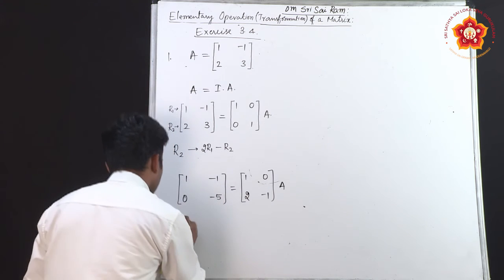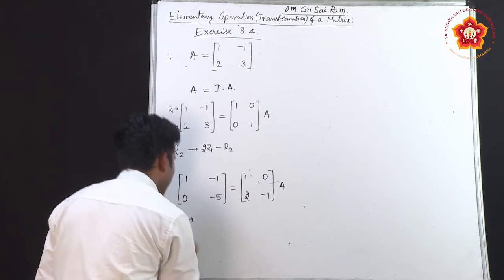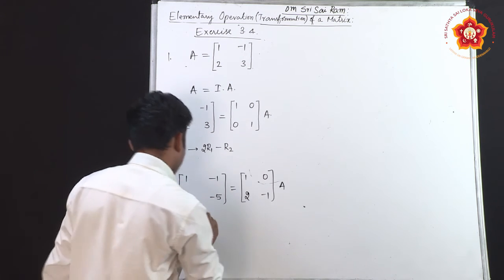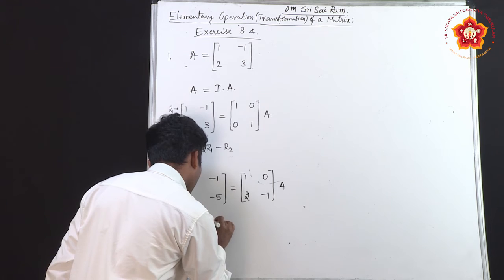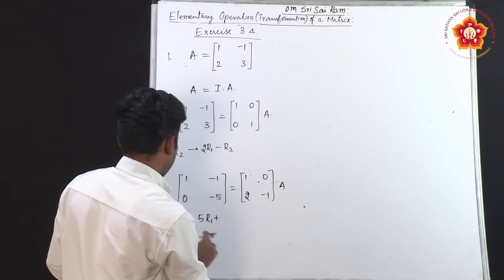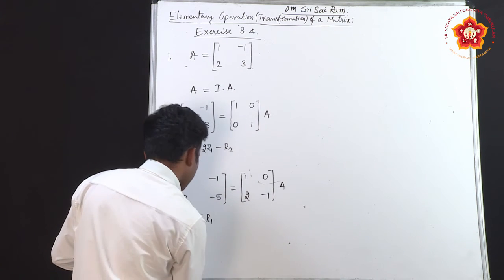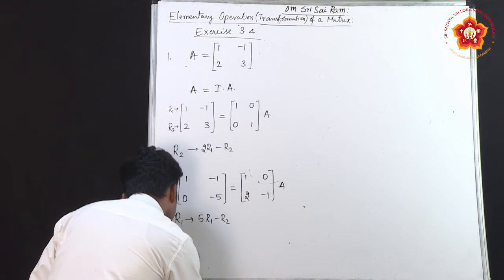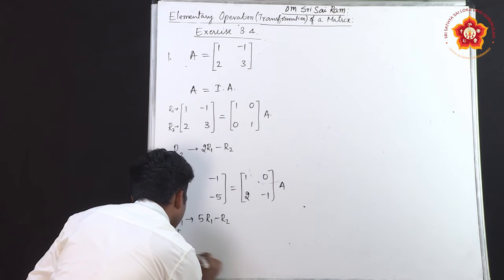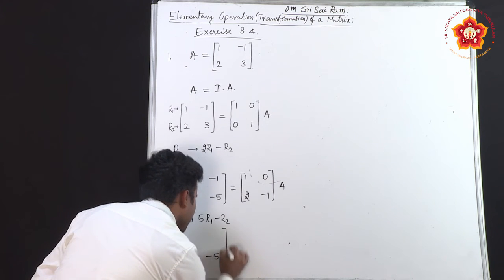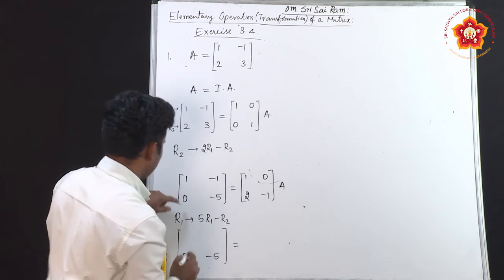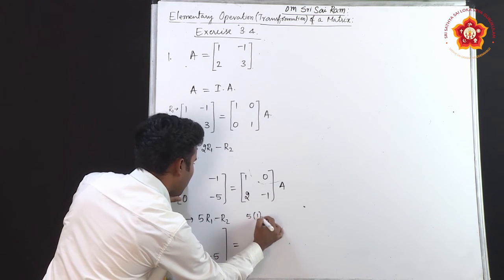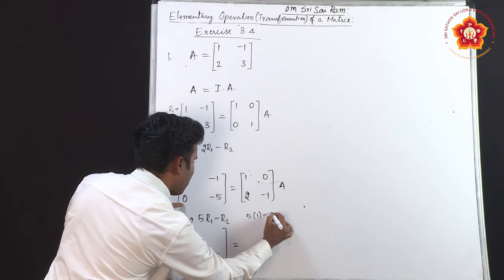Now, next I have to make this 0. Here is -5, here is -1. So, I should multiply, 5 times R1 plus R2. The row 2 we are not applying any operation to. So, 5 times R1, what is R1 here? 1, minus R2, what is the corresponding element? 0.